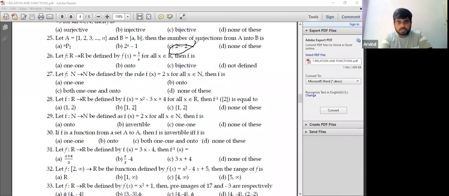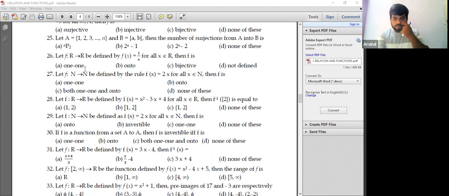Option C, 2 to the power n minus 2. So remember it, you can also write it as a note: the number of onto functions or surjections is 2 power n minus 2. Let's not derive it. Remember that it's a standard one.